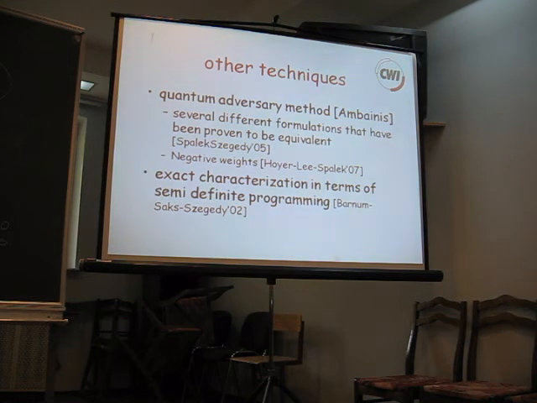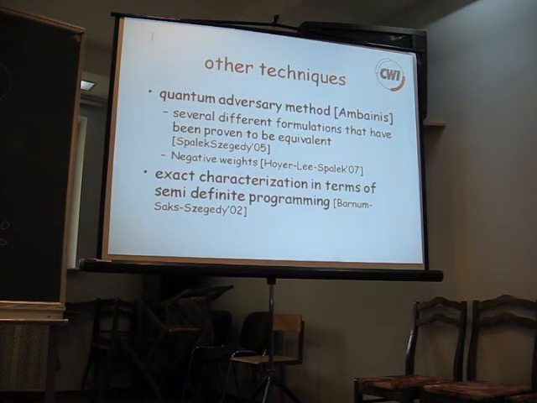I have to say though that there is a competing proposal by Ambainis called the quantum adversary method. The adversary method is something that you could use classically. For those of you who've seen this proof, you get an algorithm and then you try to find a hard input for that algorithm that defeats it if the algorithm was too fast.